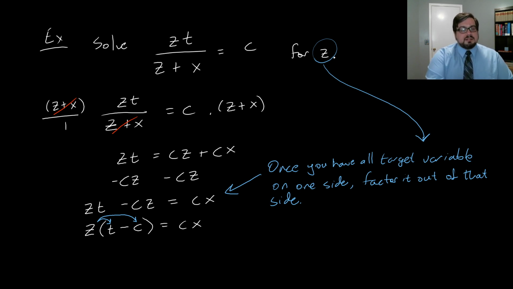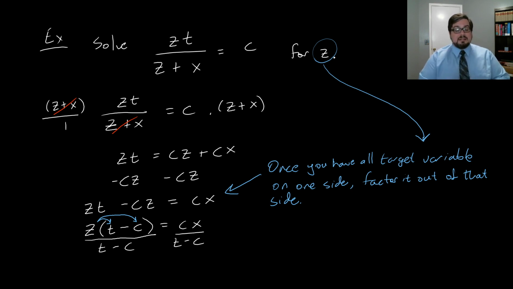So we get to this point where we have z times t minus c equals cx. And now we're almost there. We're trying to get z by itself. Right now we have that z times something equals cx. So we get z by itself by dividing by t minus c. We're allowed to divide by any expression we want, including expressions like t minus c.